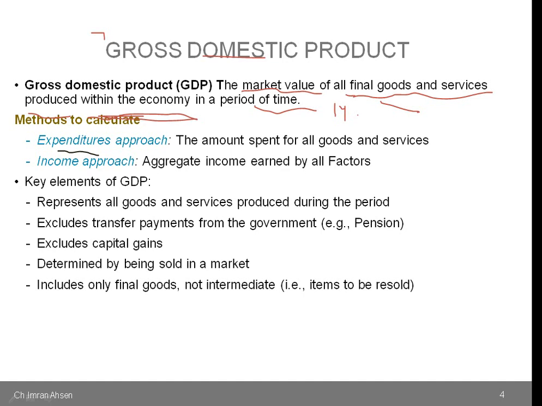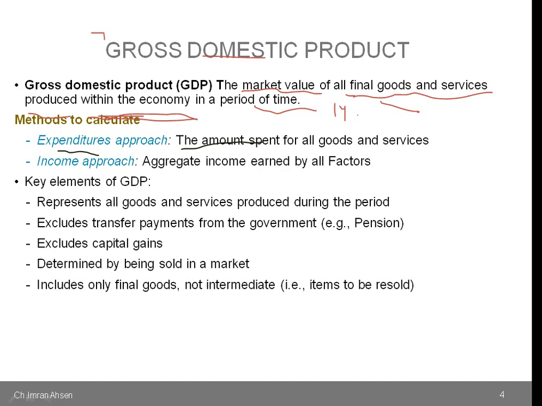Whatever we earn, we spend, by ourselves or by anyone else. So whatever everybody earns as a whole is going to be spent on goods and services. The total amount which we spend is our GDP.